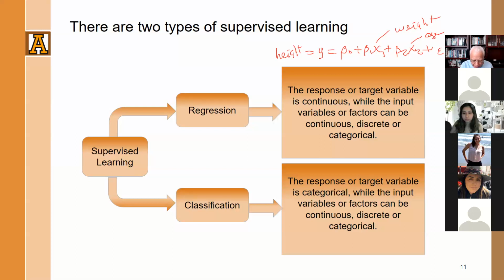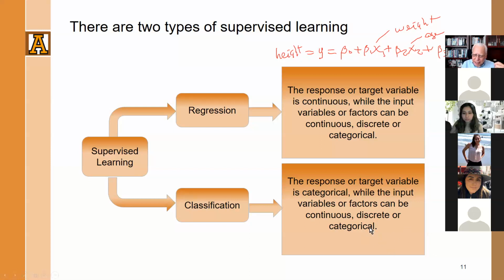For example, I can also have plus beta 3 x3, where x3 may be gender, whether male or female, because that relationship may depend on whether the individual is male or female. We can have many variables. They are called the predictors, or the factors that I'm measuring to predict this height, and they can be continuous, discrete, categorical, whatever.